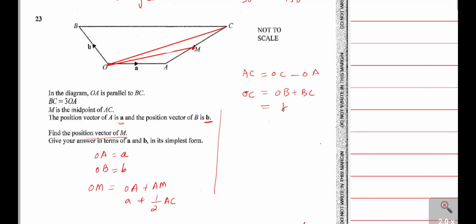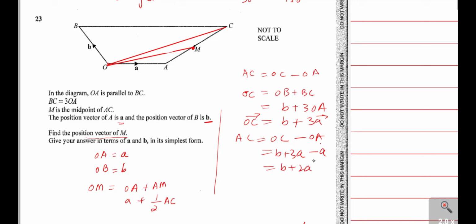OB is b, and BC is 3 times OA, so we can write b plus 3a. Therefore, AC is OC minus OA, where OC is b plus 3a and OA is a, so we write b plus 2a.